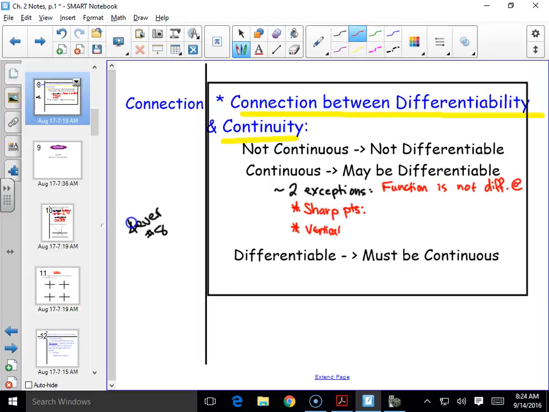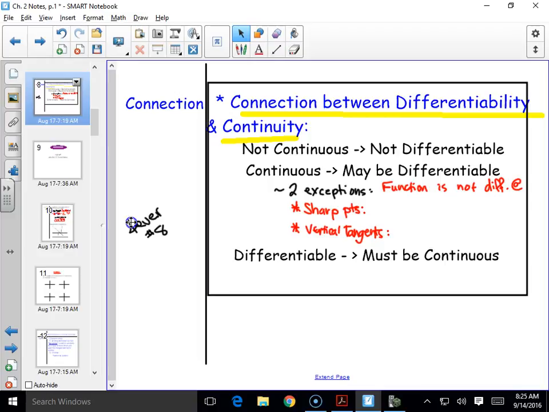There are technically a few different categories of sharp points. There are cusps, there are corners, but we're not going to stress too much about the different names. But there are 2 different things that can happen in continuous functions that cause the function to not be differentiable. One is sharp points, and the other is vertical tangents.